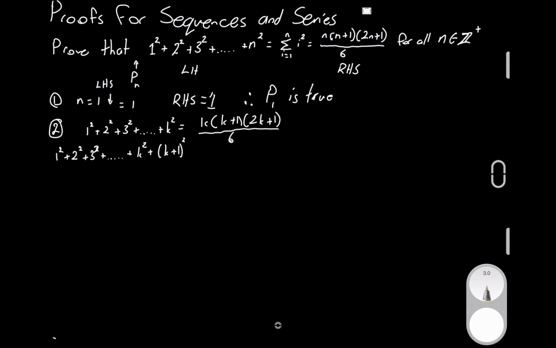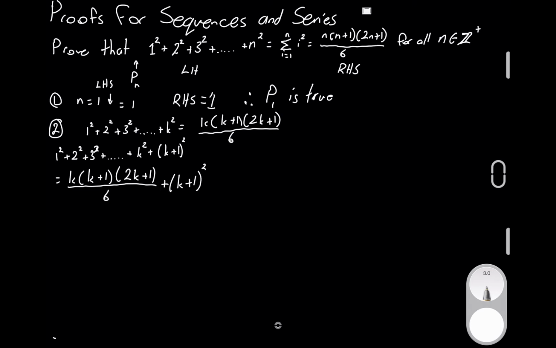We're also going to make it equal to k times k plus 1 times 2k plus 1, divided by 6, plus k plus 1 squared.